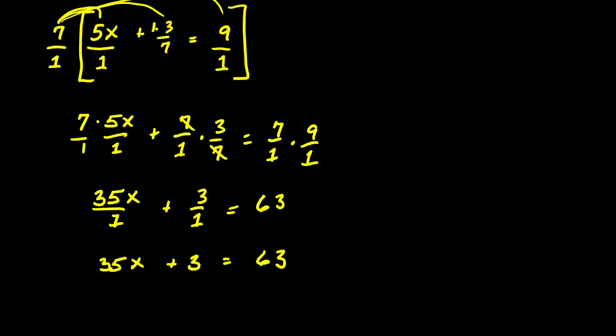Now this looks exactly like what we did in the first video on this. So we had 35x plus 3 equals 63.